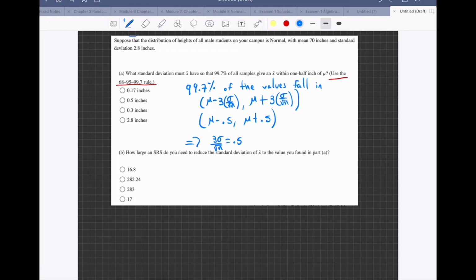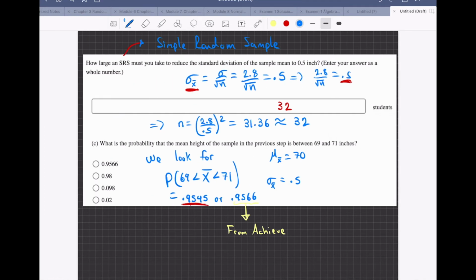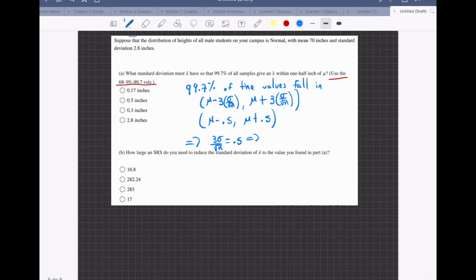And you will have to use the value before. Sigma, remember, is 2.8. So we have 3 times 2.8 divided by square root of n equal to 0.5. If you solve for this, you will get n equal to 3 times 2.8 divided by 0.5, raised to the square.